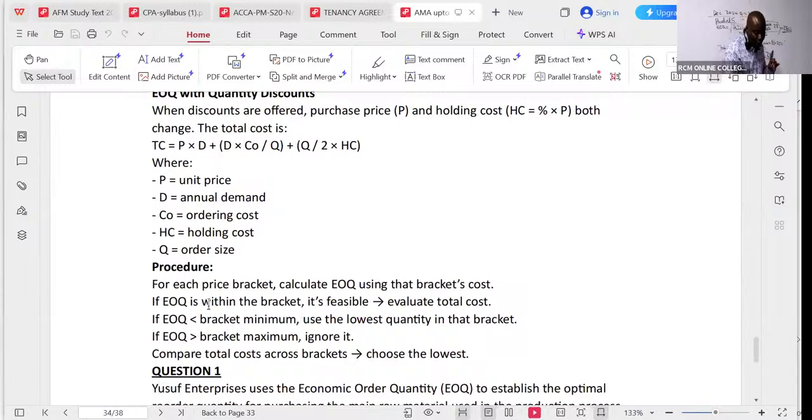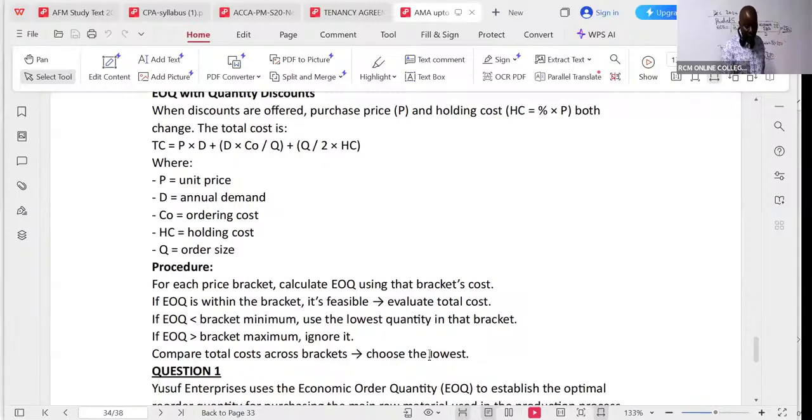If EOQ is less than the bracket minimum, use the lowest quantity in that bracket. If EOQ is more than the bracket maximum, ignore it. Then you compare the total cost across brackets and choose the lowest.